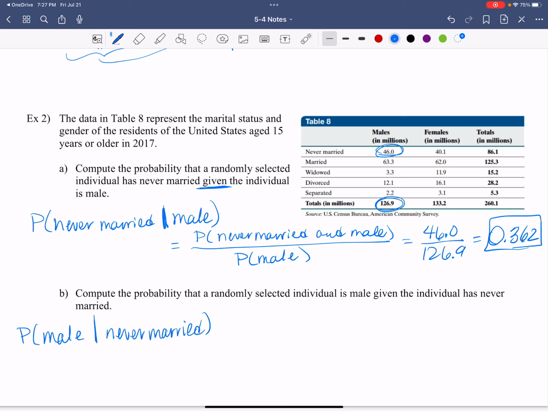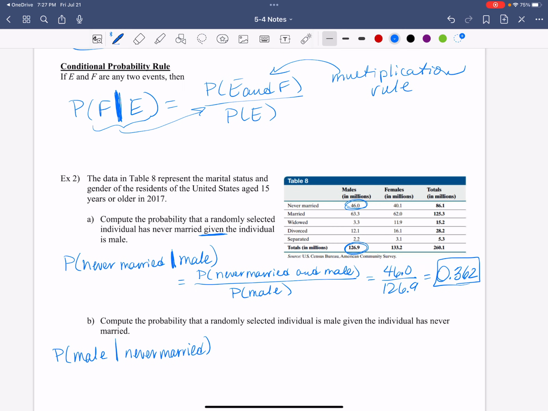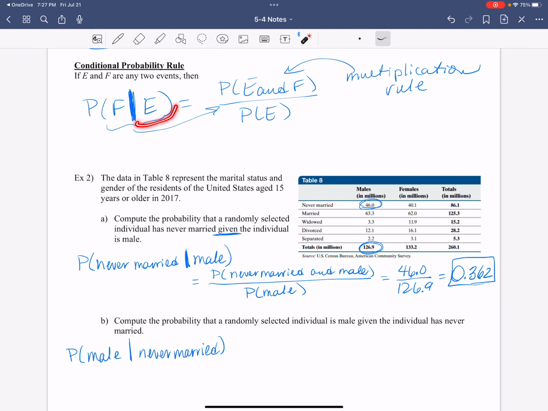Yeah, it does. Look at what's happening up here. What is listed second as the given part of it? That's what goes in the bottom. These two together are on top no matter what. But it matters what comes after given, because that's in my denominator. Male on the first one, and what's in the second one? Never married is going to go down there.